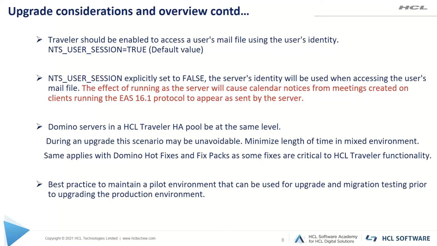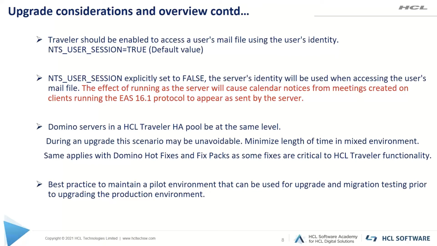Also, all the servers in a Traveler HA pool should be at the same Domino level. Do not keep one server in an HA pool on Domino version 10.01 and another on 11.01. I can understand that this kind of scenario will be unavoidable when you are planning for a Domino server upgrade.